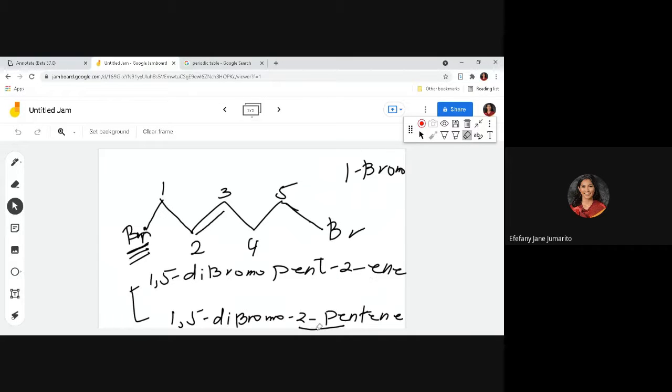Both are correct. In 2 pentene, the number, the locant, comes first before the parent chain or type of chain. This is the old system of naming, and the other is the new system.